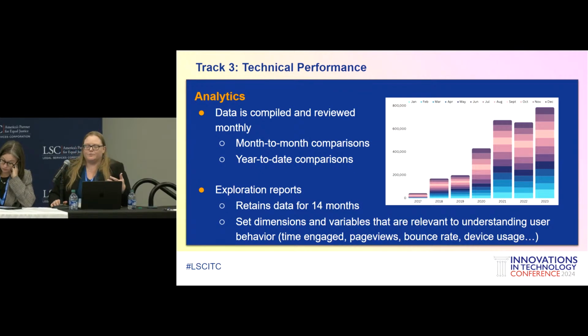The exploration reports make pulling your data more intuitive and a lot faster than it used to be, but also the filtering isn't as easy as it used to be either. So sometimes with those filters, you've got to really play around to get the data sets that you need specifically. Also be aware that some of the terminology has changed, and the way they calculate bounce rate has changed as well.